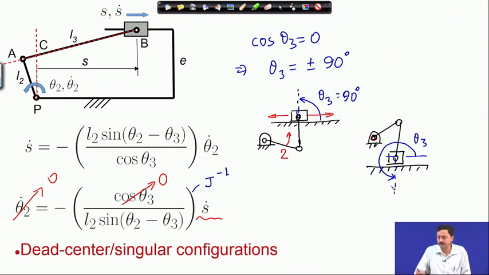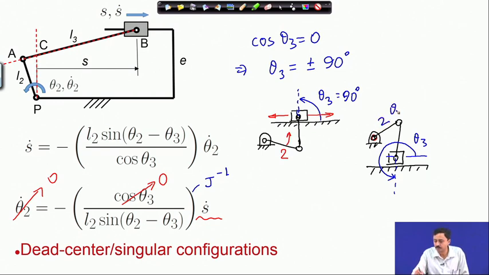So, either you say that this is 270 degree or minus 90 degree. So, both are same. So, this is another singular configuration where link 2 cannot move.